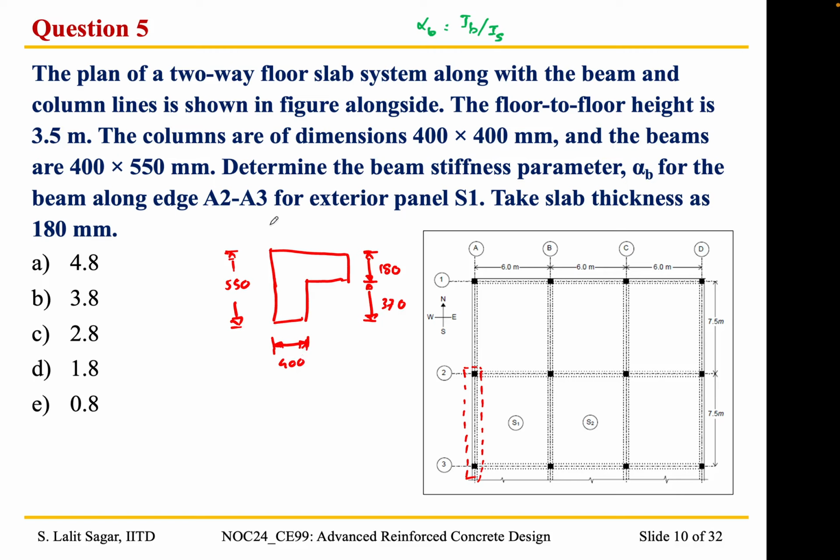Okay, and we have seen in one of the lecture slides that this particular value has to be how much? BW plus DW. It has to be equal to the width of the web plus depth of the web. So that would be 400 plus 370. That will give us 770.